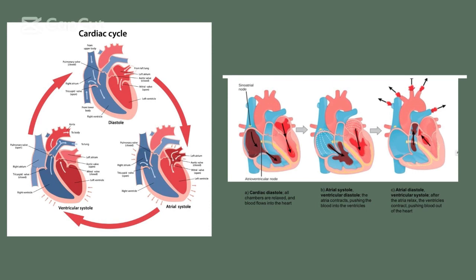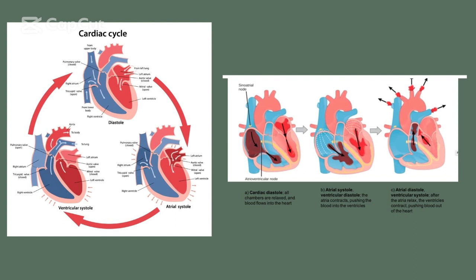So lower pressure inside the heart chambers means that any blood flow will travel down the pressure gradient into the heart via either the vena cava or the pulmonary vein and fill the right and left atria.